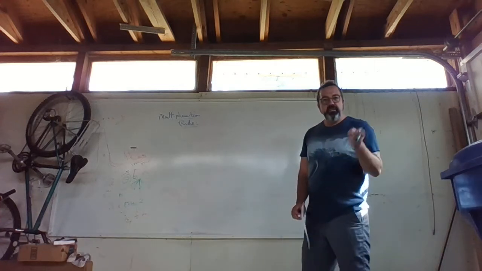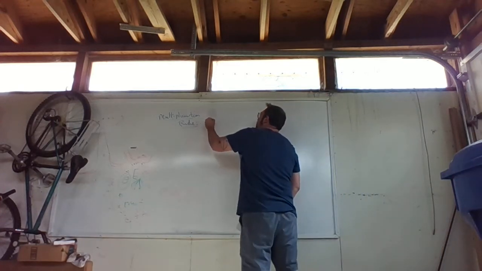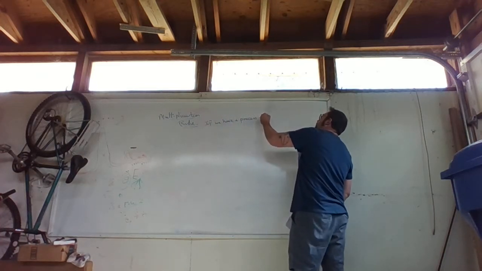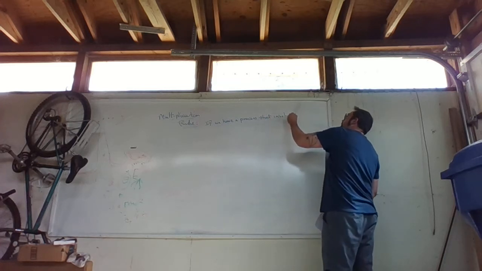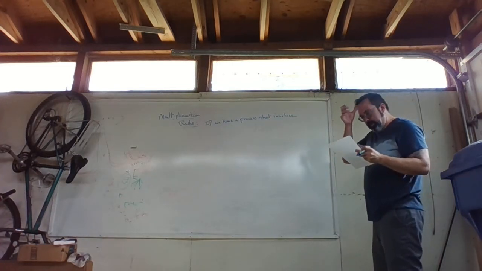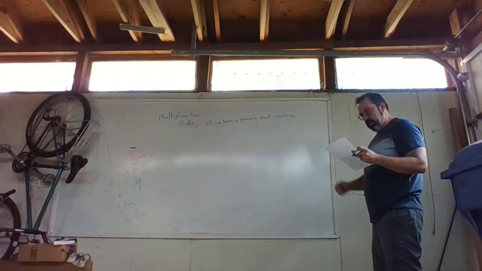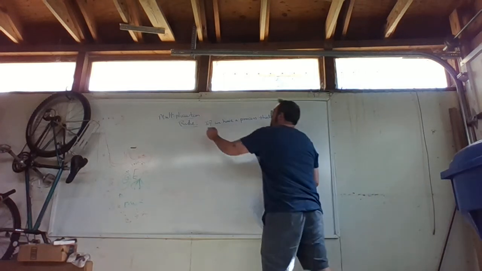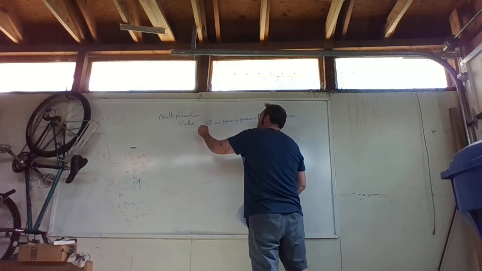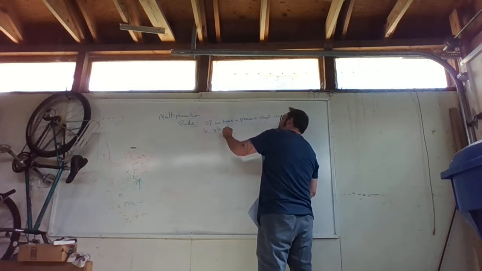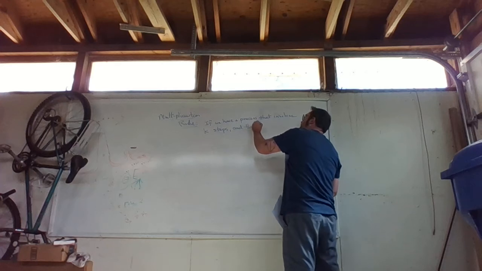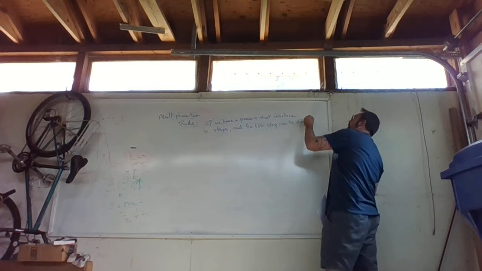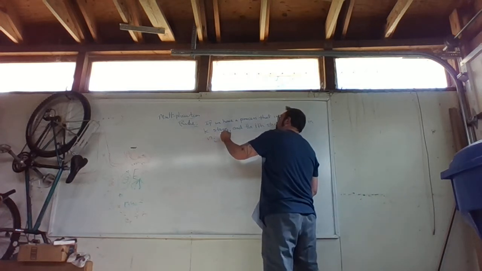The multiplication rule says if you've got a multi-step process, if we have a process that involves, I want to make sure I'm using the notation that your book uses, k steps, and the ith step can be done in n sub i ways.